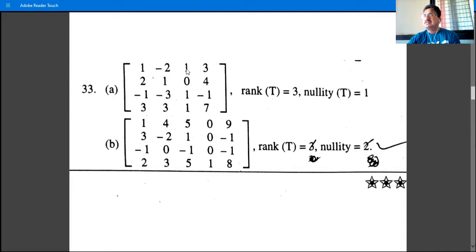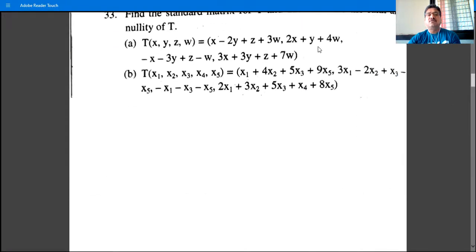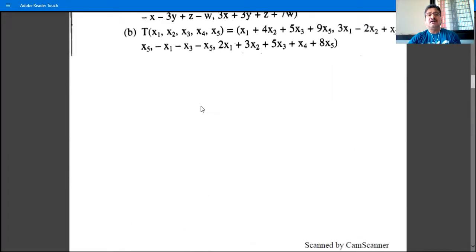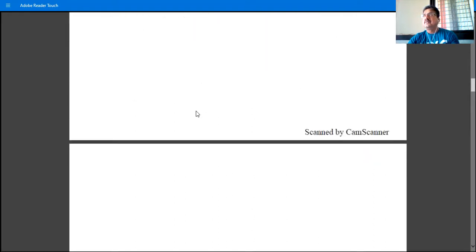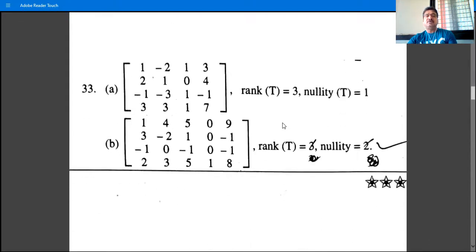And this depends on what? This is a linear transformation from R4 to R4, while the second linear transformation is from R5 to R4. So how many columns are in the standard matrix of this linear transformation T? 1, 2, 3, 4, 5. So the number of columns depends on the domain. In this second problem, the domain is R5 and its dimension is 5. And so the rank nullity theorem for a linear transformation is what?